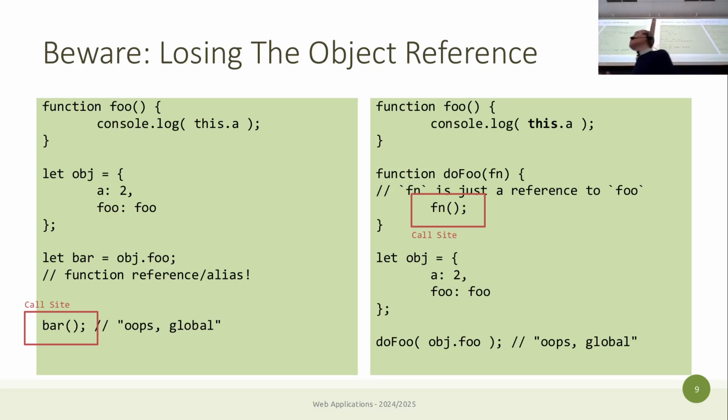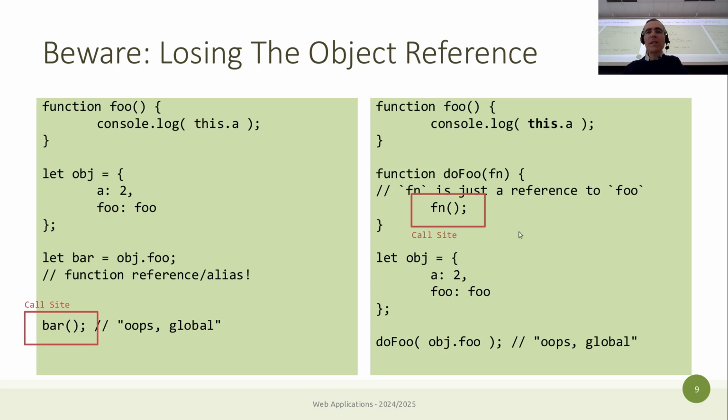In short, it means that if we need to use objects and this inside functions with objects, we should always pass the object, so that when you call the function, you write object.function, and you don't lose this binding between the this and the object. Okay? So just be careful of these situations.